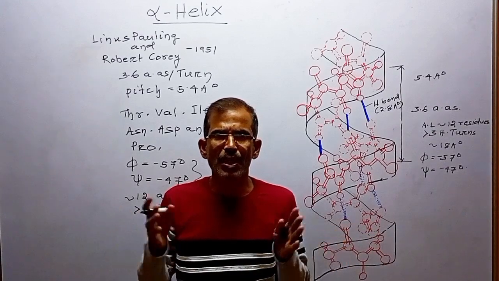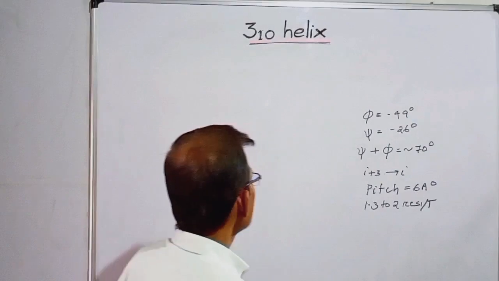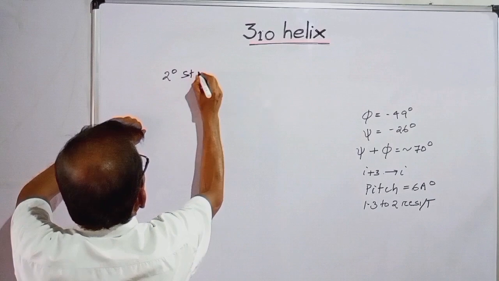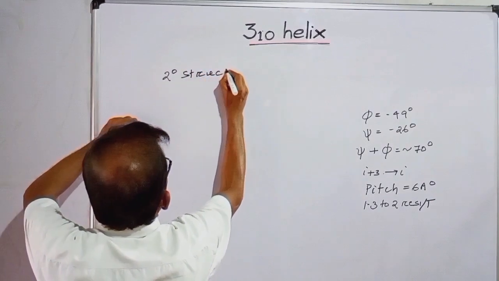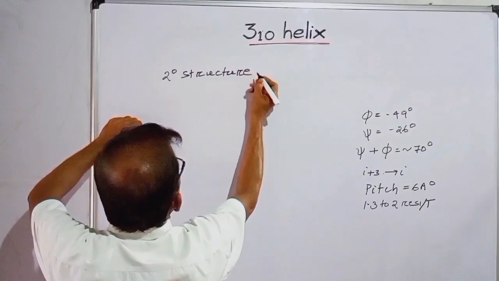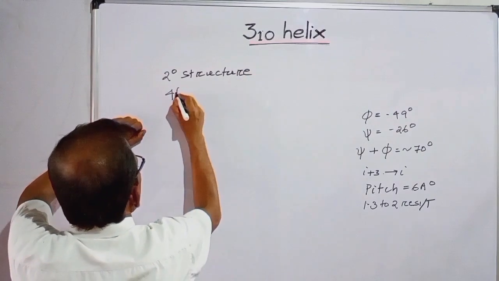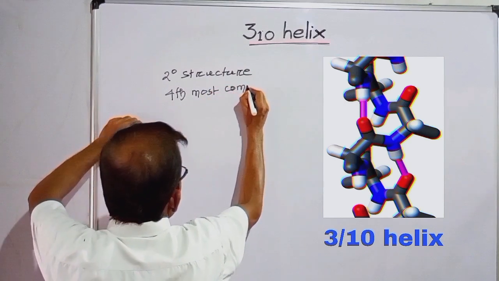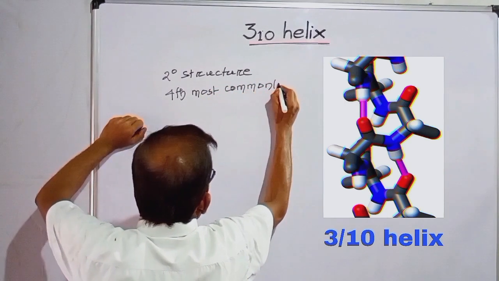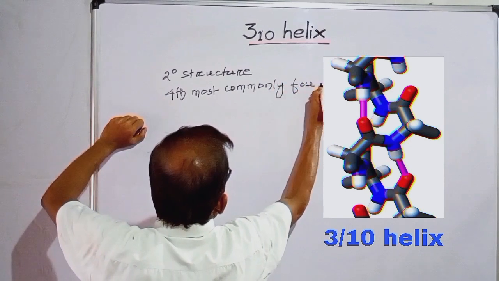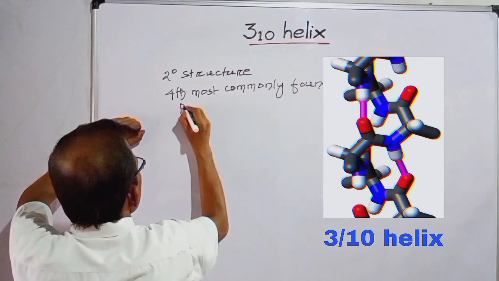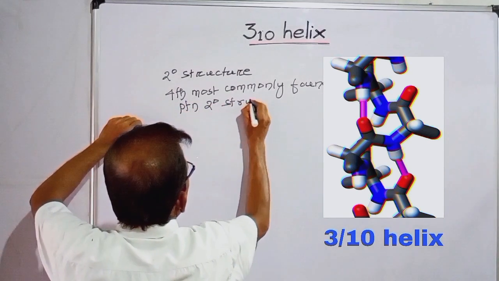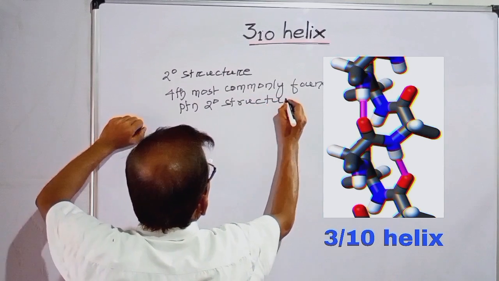Second one is 3 by 10 helix. A 3 by 10 helix is a type of secondary structure found in proteins and polypeptides. It is the fourth most commonly found protein secondary structure following alpha helices, beta pleated sheet and reverse turns.